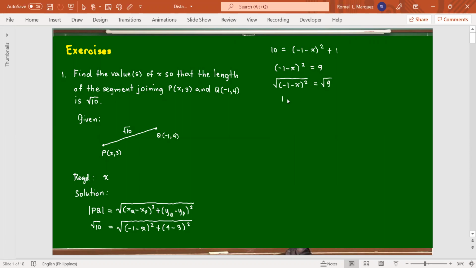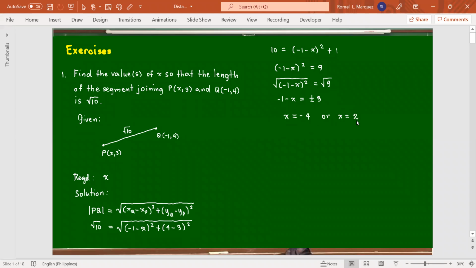So -1 minus x is equal to plus or minus, but what is the square root of 9, guys? 3. So x is equal to -1 minus 3, that is -4, or x is equal to -1 plus 3, which is equal to 2.